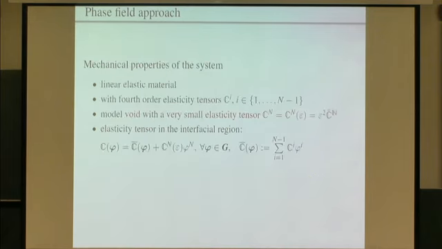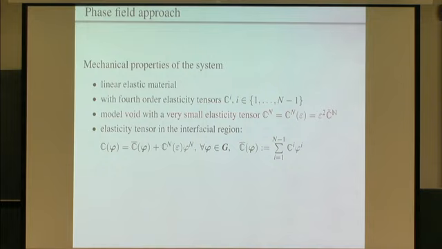So the mechanical properties of this system, as I mentioned before, are a linear elastic material, with fourth order elasticity tensors Ci for each of our phases. For the capital N minus 1 materials in the bulk regions, they will have elasticity tensors given by Ci.